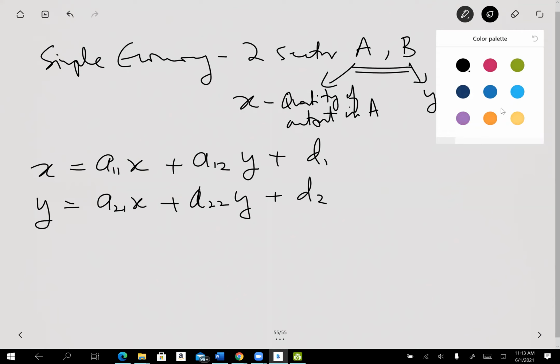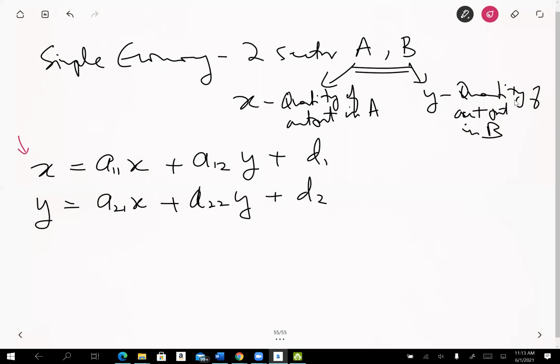So here, this is the output from sector A. X, the output of sector A, and then Y, the output of sector B. And the output will be used as inputs to produce other goods. So this is the input side.